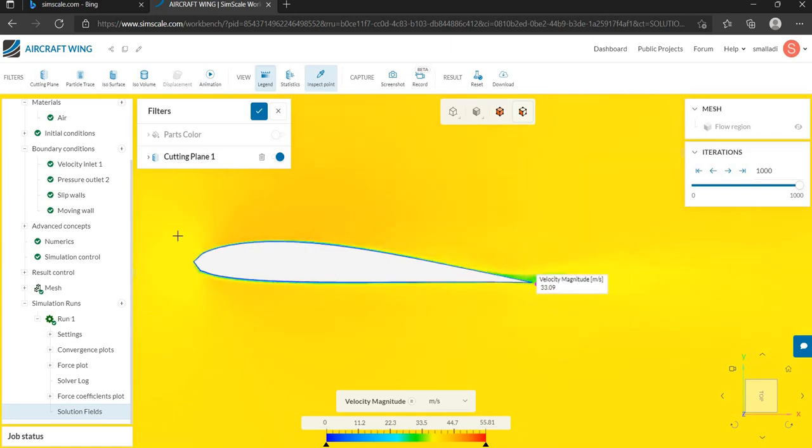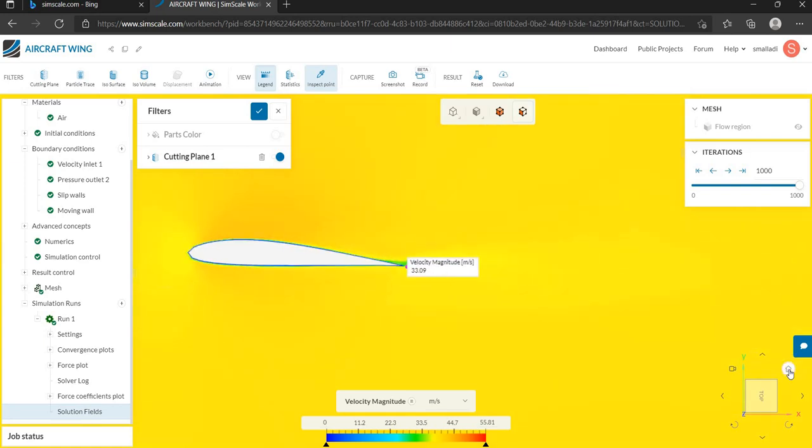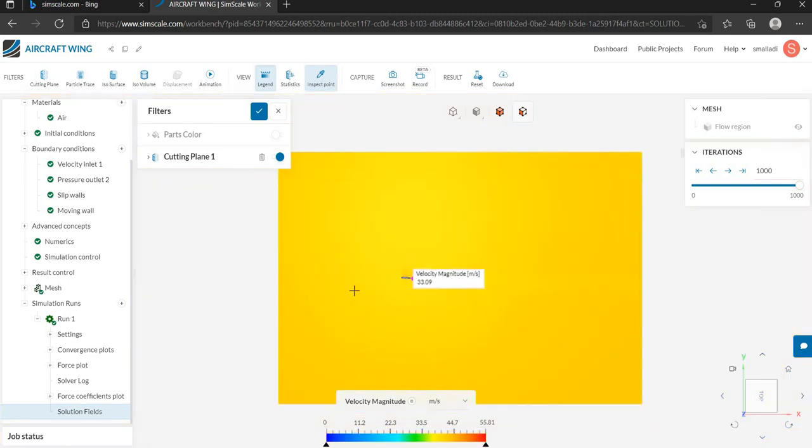Next, to analyze the streamline flow over the surface of the wing, add streamlines.